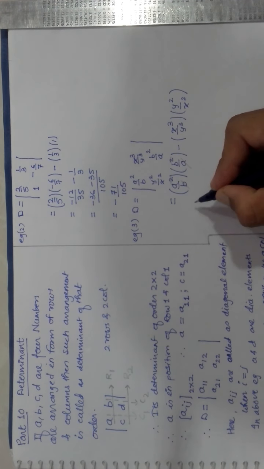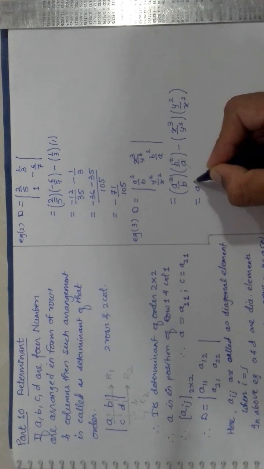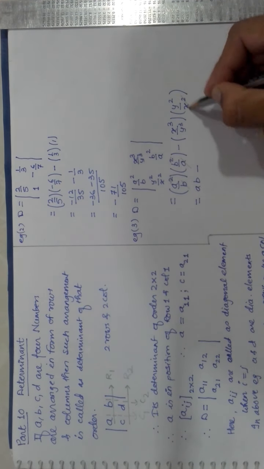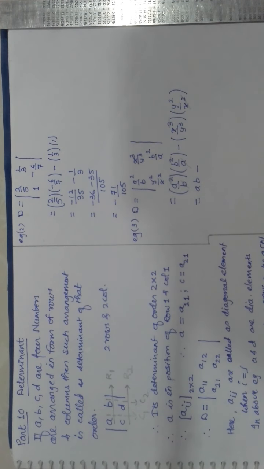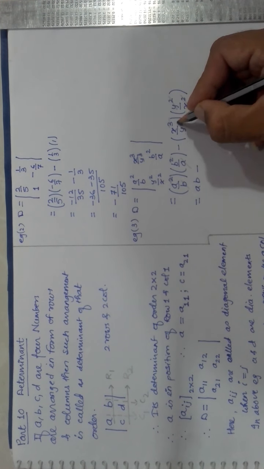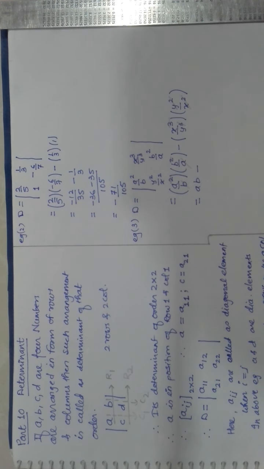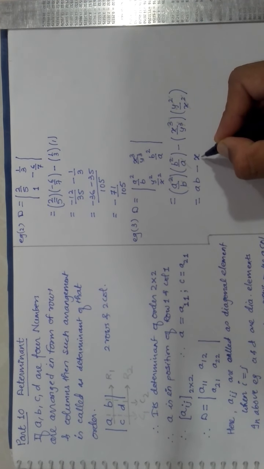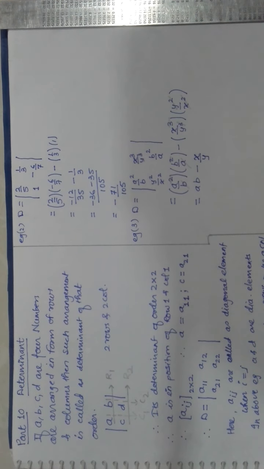So I get here a into b, minus here x square cancels 2x from here, x into x. Y square from here cancels y into y from here. So upside I remain with x and down I remain with y. So this is your final result. Okay. So you got the determinant expansion as ab minus x by y.